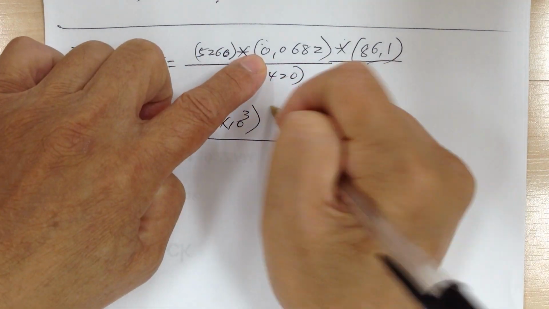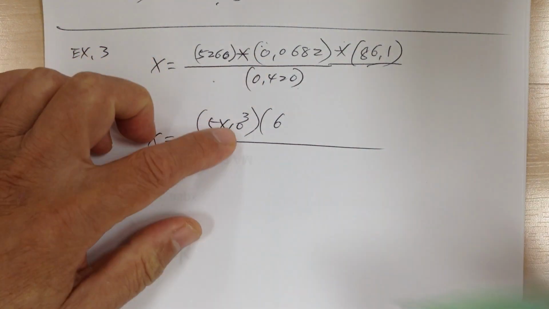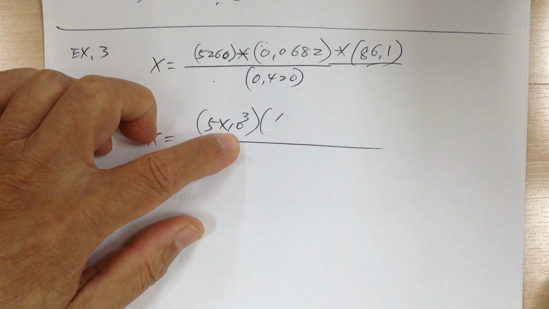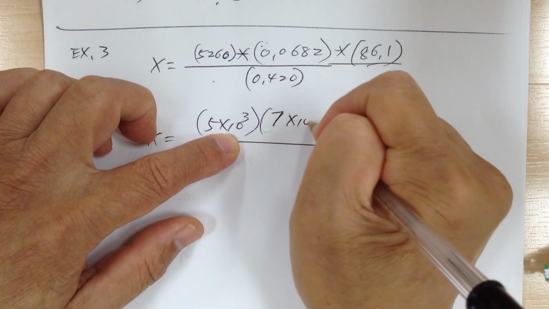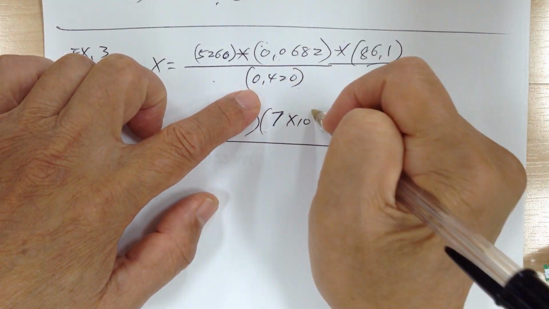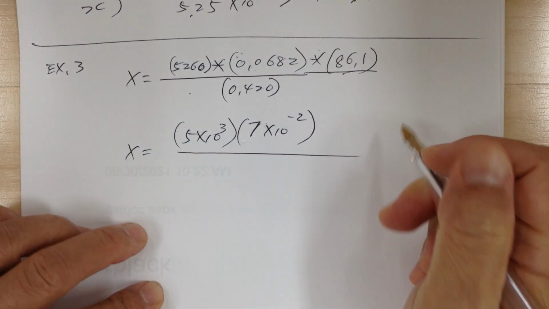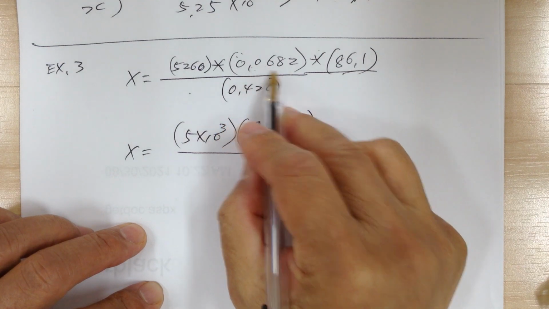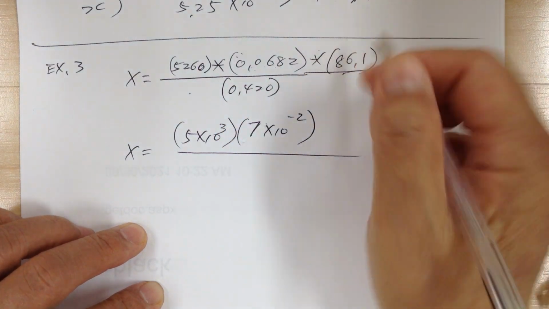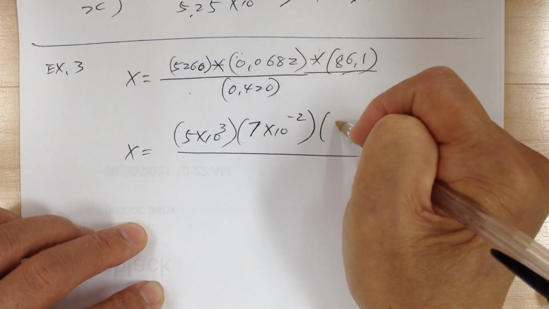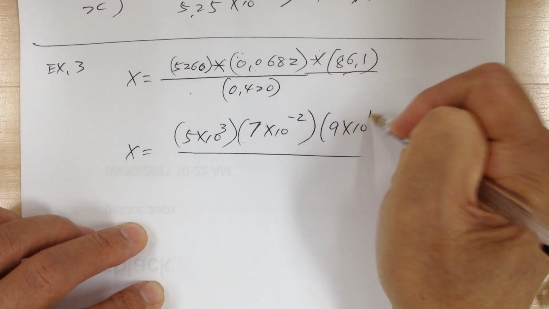And this would be 7, you use one digit, so you round it off. So this would be 7 times 10 to the negative 2. You go from here, you go 1, 2, right? And this would be 8.6, you round it off, it would be 9 times 10 to the 1.